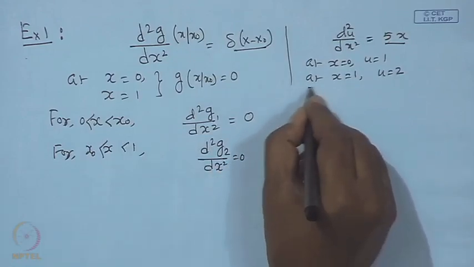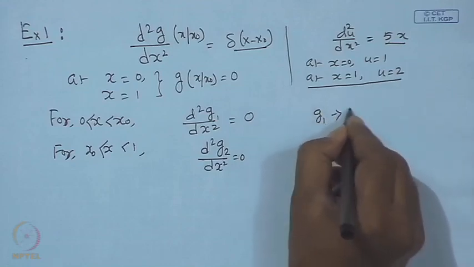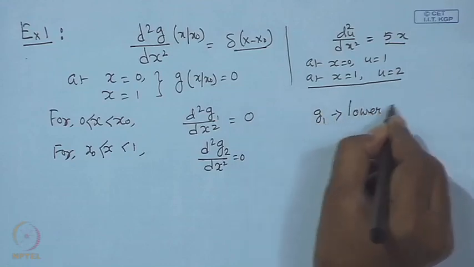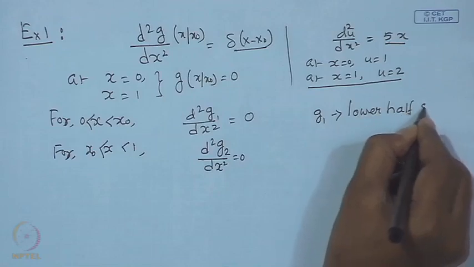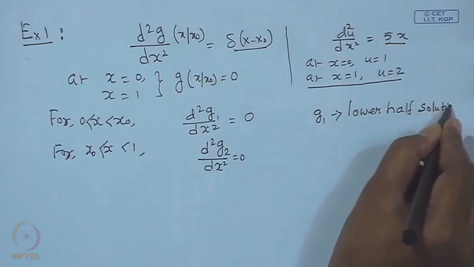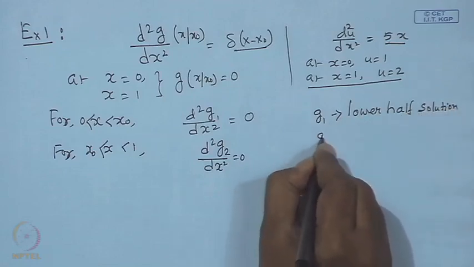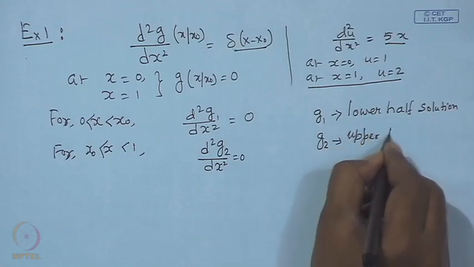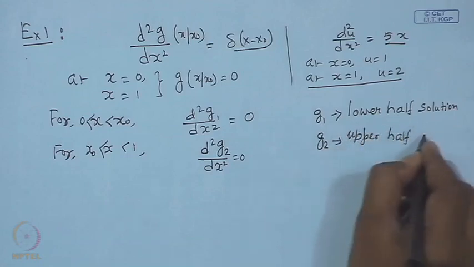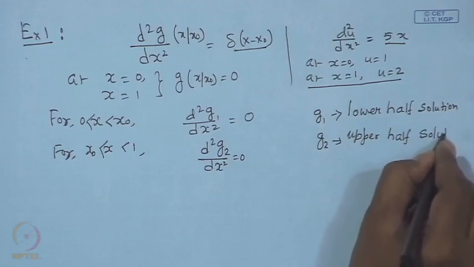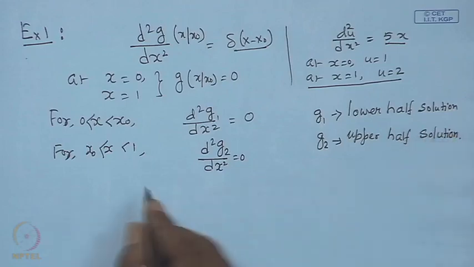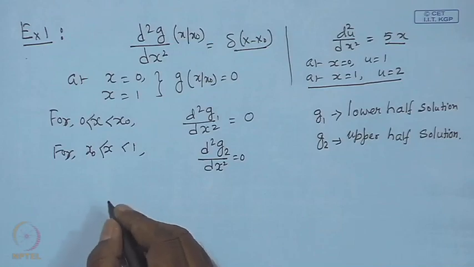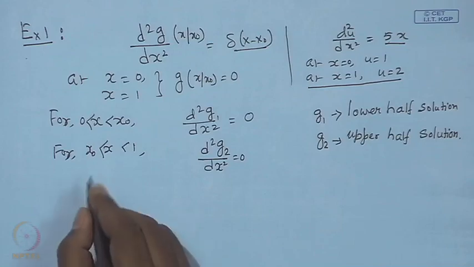So, g1 is the lower half solution and g2 is the upper half solution. Okay. And we have the continuity of Green's function.